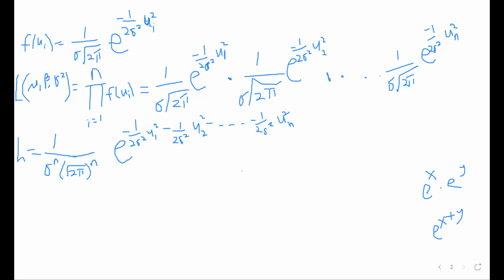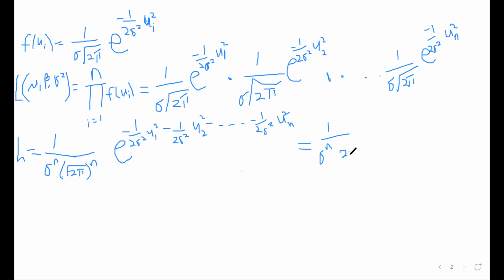Now what I'm going to do is compress them further, algebra. Look at this. So I'm able to write this as 1/sigma power n, 2 pi square root of that. Actually, I can write this as sigma n. Remember, the square root means power 1 over 2.